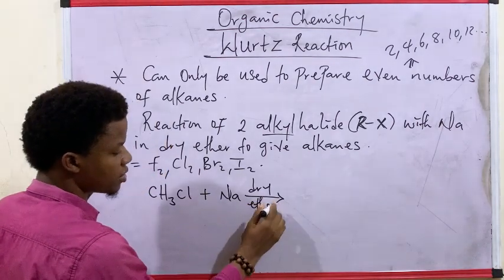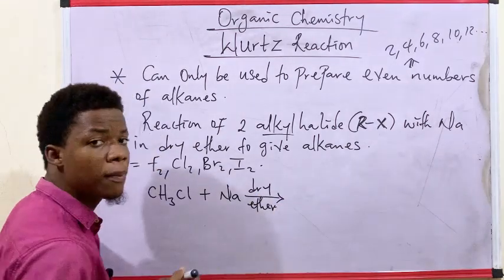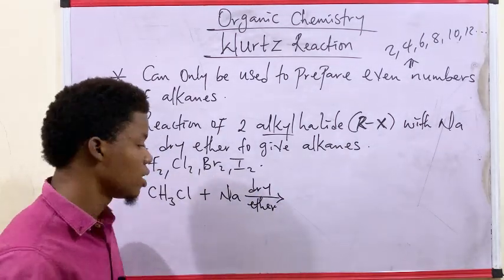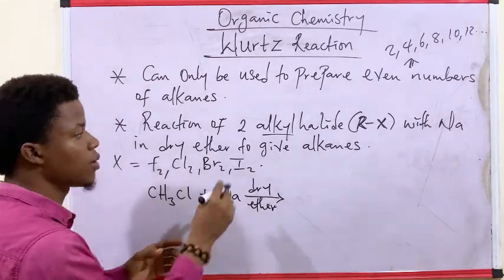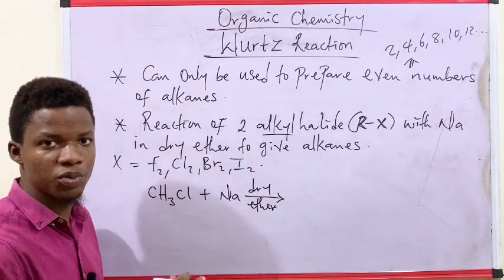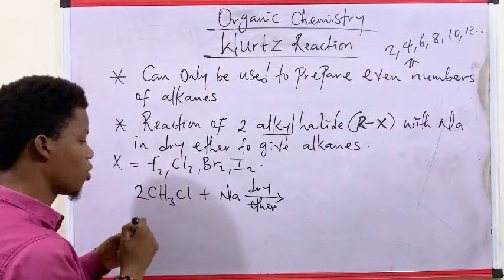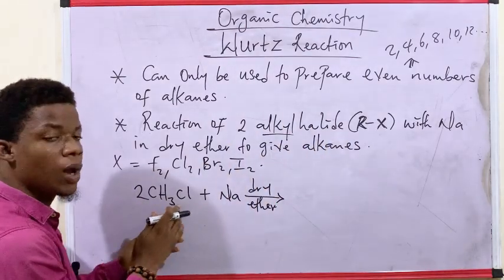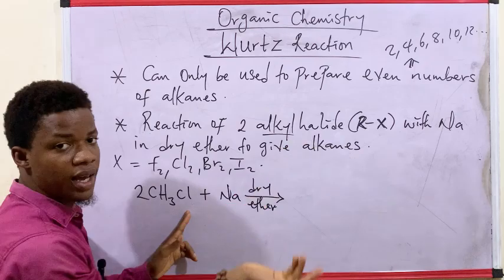Now what are we going to get? Now remember, it is used to produce even numbers of alkanes. This is the reason why I'll use 2 alkyl groups. So if we are using 2 alkyl halides here, this is methyl chloride, which is an alkyl halide.